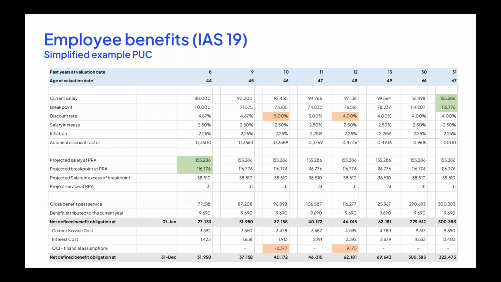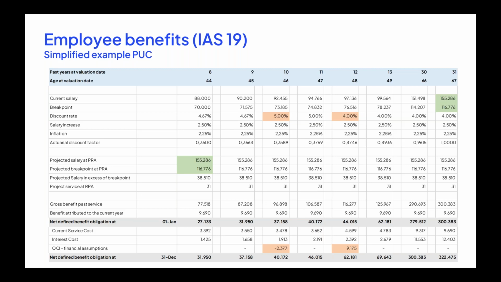Okay. You see the reverse in the year when he comes the age of 48. I decrease it back to 4% from 5 to 4, and there you see the reverse because the discounting is less. My DBO obligation present value will be higher. And that has an impact on what I already recognized previously.